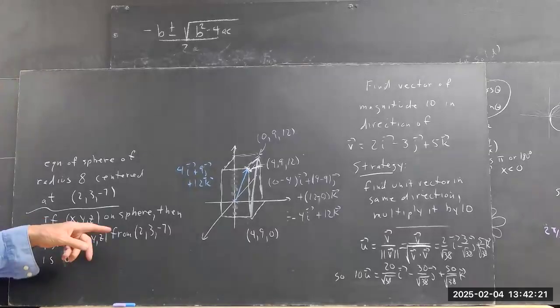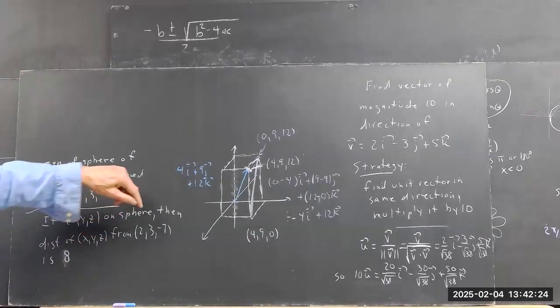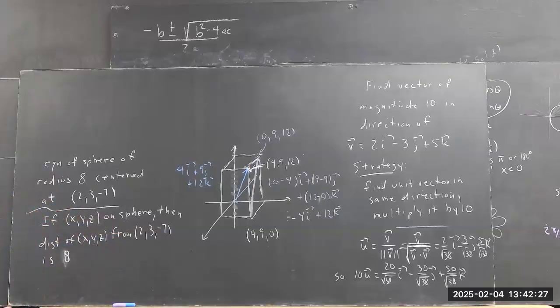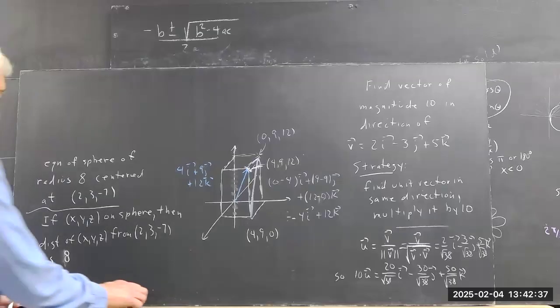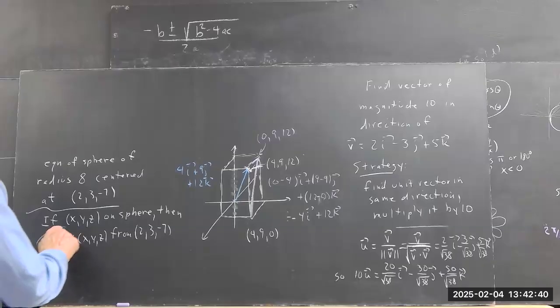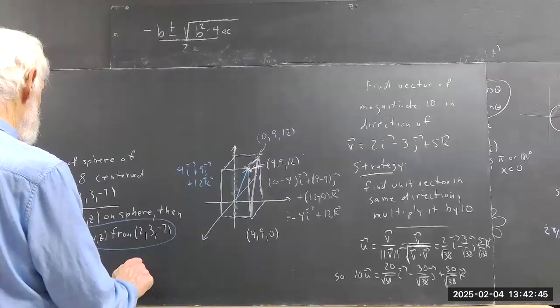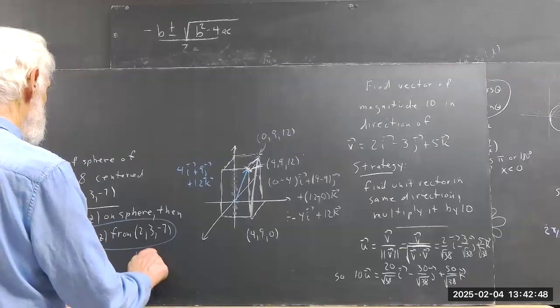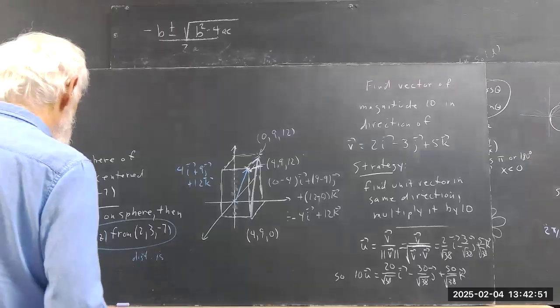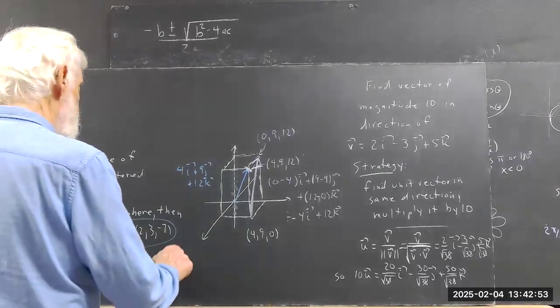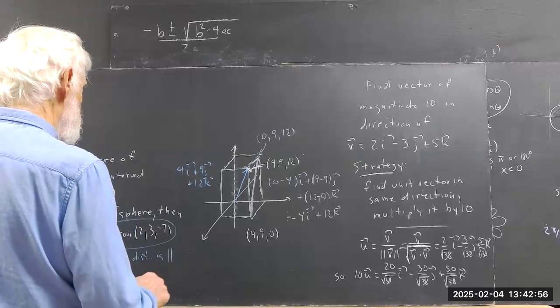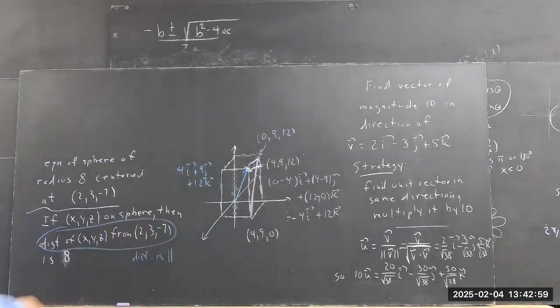Okay. If X, Y, Z is on the sphere, then the distance of X, Y, Z from this center point is 8, right? That's a no-brainer. That's what it means. Now, what's the distance of X, Y, Z from 2, 3, -7? Well, we could say the distance is the magnitude of the vector from this point to this point.